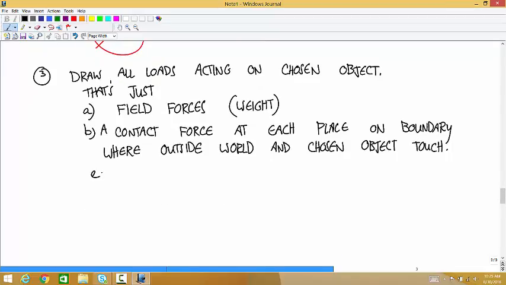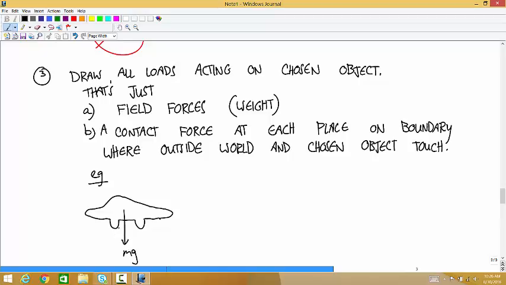For example, going back to that car example, we have the weight, and then we have a force here.